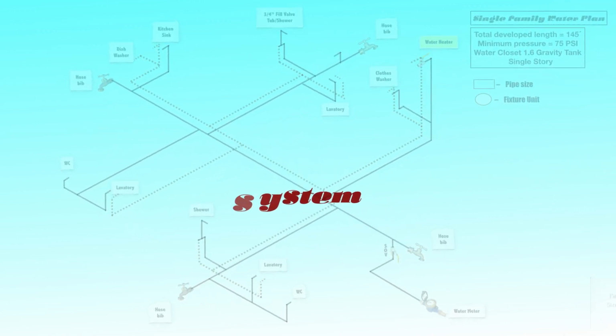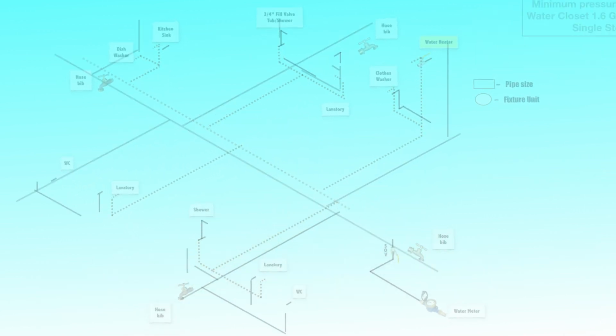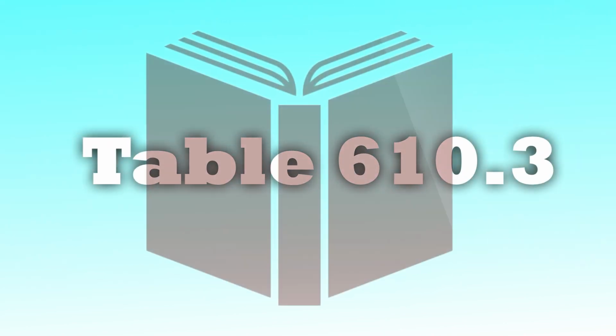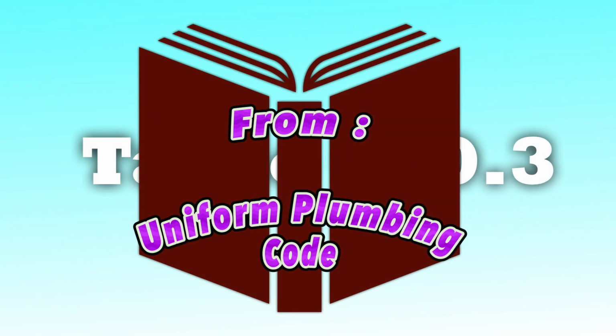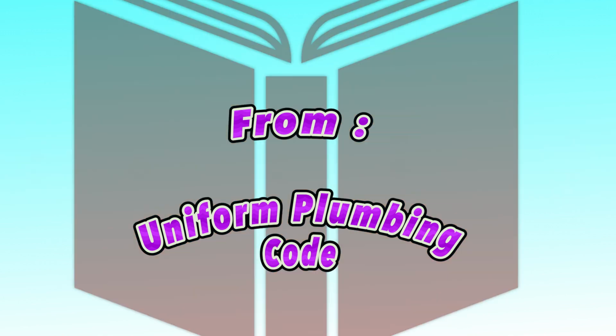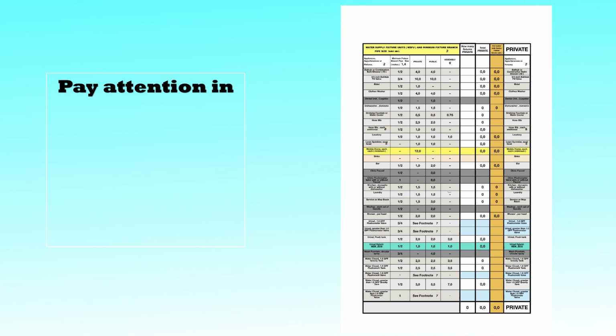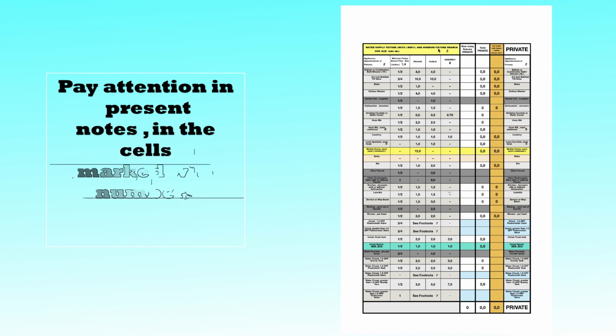In the first step, we will find the entire fixture unit's volume for the system. Pay attention, in the present notes, to the cells marked with numbers, footnote.